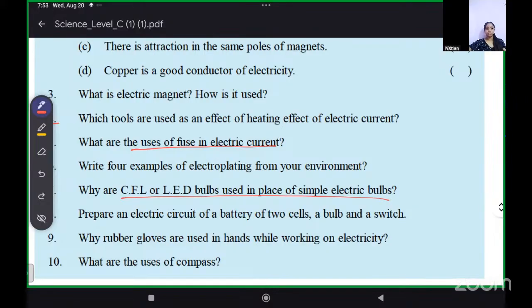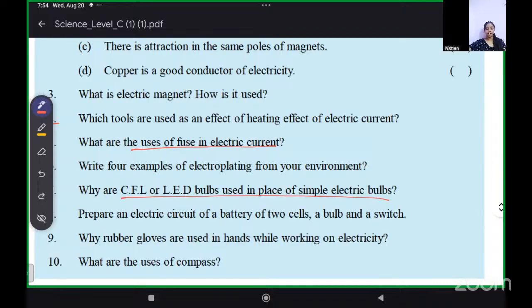It has a longer life. It's more cost effective, more environment friendly, and yeah, I think that's what I remember. Okay. And it has less heat production.